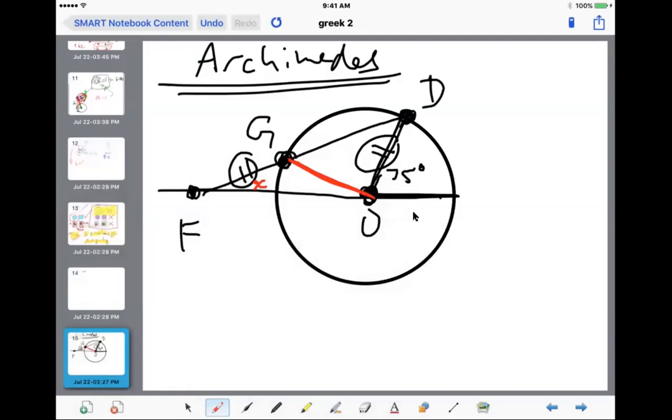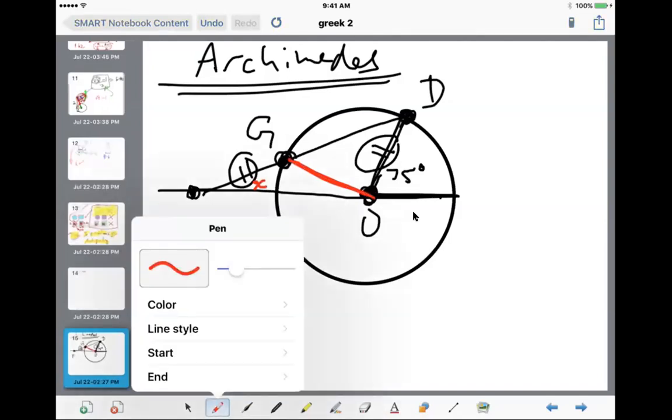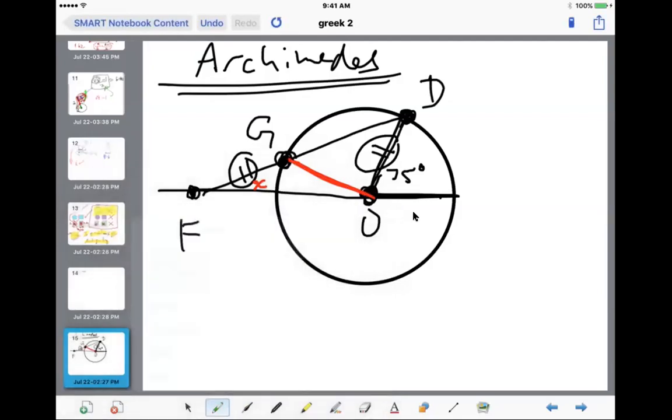Can I also, you might find it easier if I stick some numbers in. Like what if I tell you the radius is 5? And that means that FG is 5 also. How big is GO? You can type that in. Also 5.